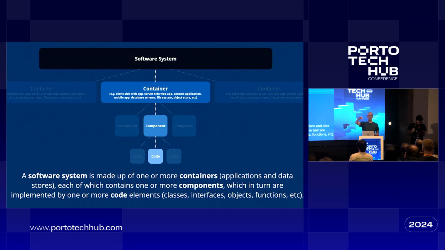If we zoom into the applications, I'm going to say a container contains components. That's where the naming comes from. I did just say components is massively overloaded, and it doesn't really make sense. I want to try and put some more precision around the word components to mean this. A component is a grouping of related functionality, with a nice, clean, well-defined interface, running inside a container.